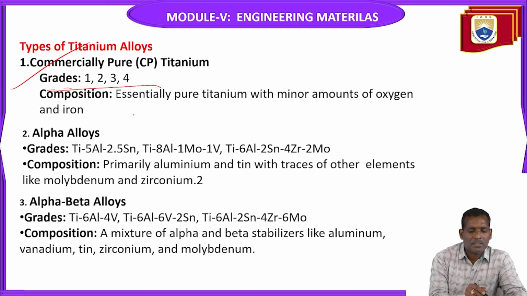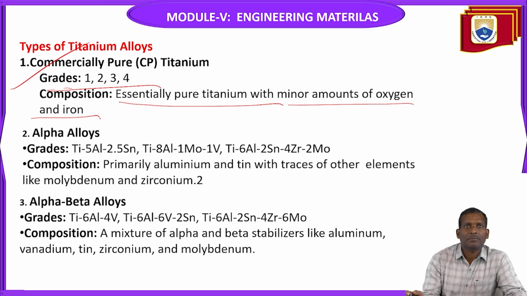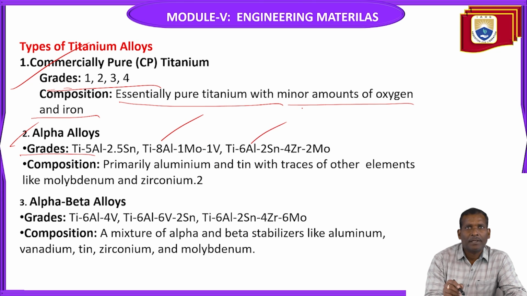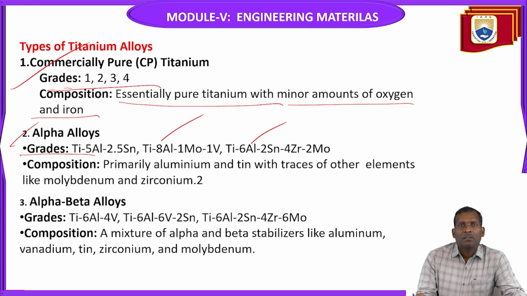The composition is essentially pure titanium with minor amounts of oxygen and iron. Alpha alloys grades: Ti-5Al-2.5Sn, Ti-8Al-1Mo-1V, and Ti-6Al-2Sn-4Zr-2Mo.